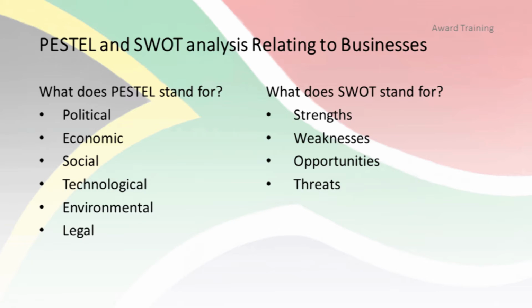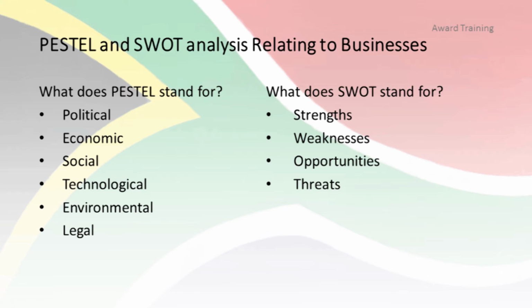There are two tools which may help you as an organization to better understand the environment and your competitive advantage in the marketplace. They are a PESTLE analysis and a SWOT analysis. So PESTLE stands for political, economic, social, technological, environmental, and legal environments. The political environment has a bearing on how we do business. If politics are unstable, so will our business environment be.